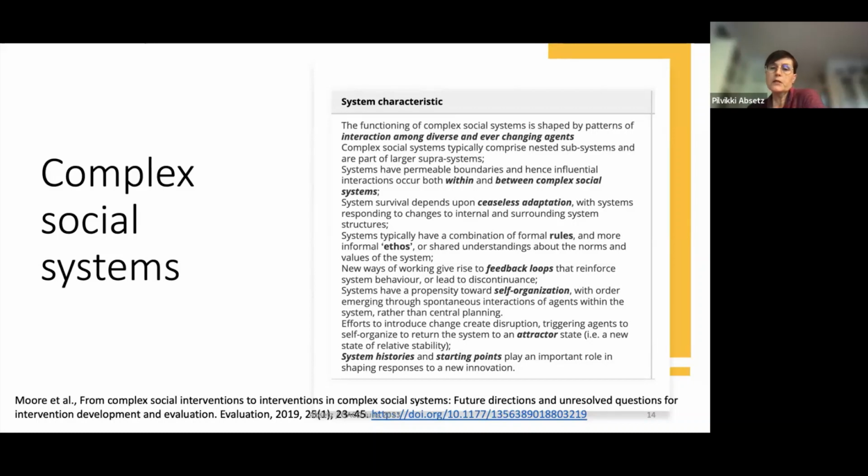Also, there is a propensity towards self-organization, so order emerges through spontaneous interactions of agents rather than central planning. And there are system histories and starting points. So these tap into the same characteristics of complexity as Pawson explained in his model.